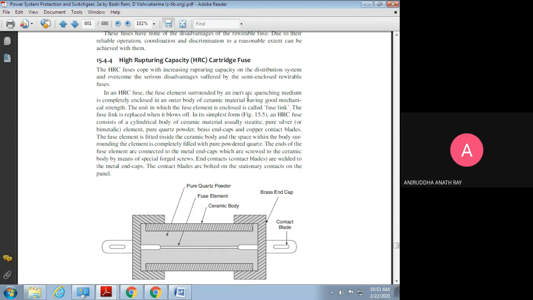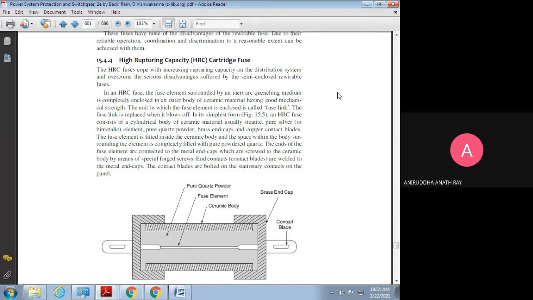The HRC fuses cope up with the increasing rupturing capacity on the distribution system, and overcome the serious disadvantages suffered by the semi-enclosed rewirable fuses. In an HRC fuse, the fuse element, surrounded by an inert arc quenching medium, is completely enclosed in an outer body of ceramic material having good mechanical strength.